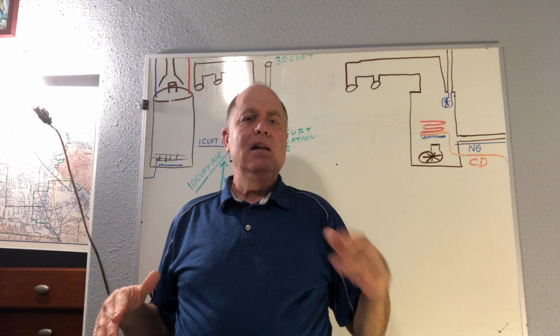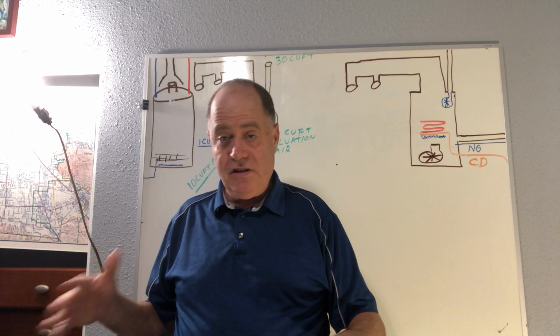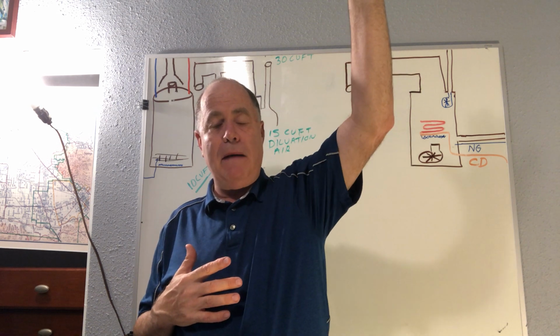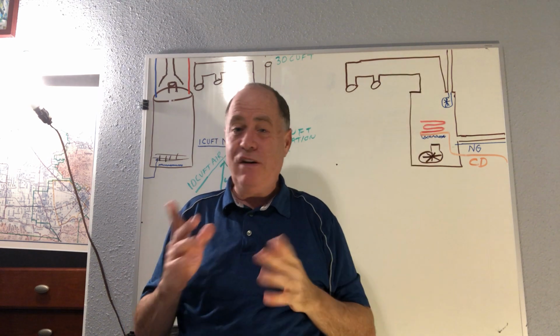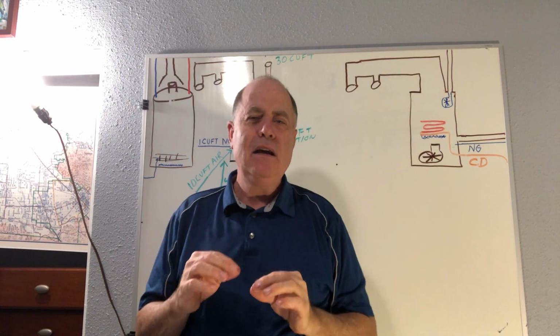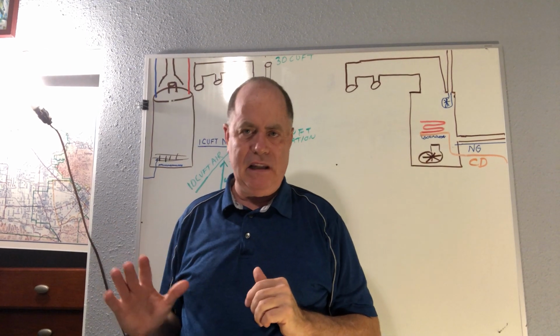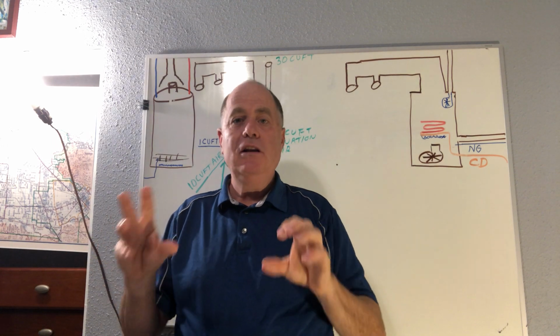Well, those are two vents. The air down low, naturally, even when the furnace isn't running, is going to rise up and go out through the top into your attic, and you'll have natural flow through there. Even if you had a tiny natural gas leak, that's going to help keep that closet ventilated, and it's going to keep more fresh air available to the furnace.